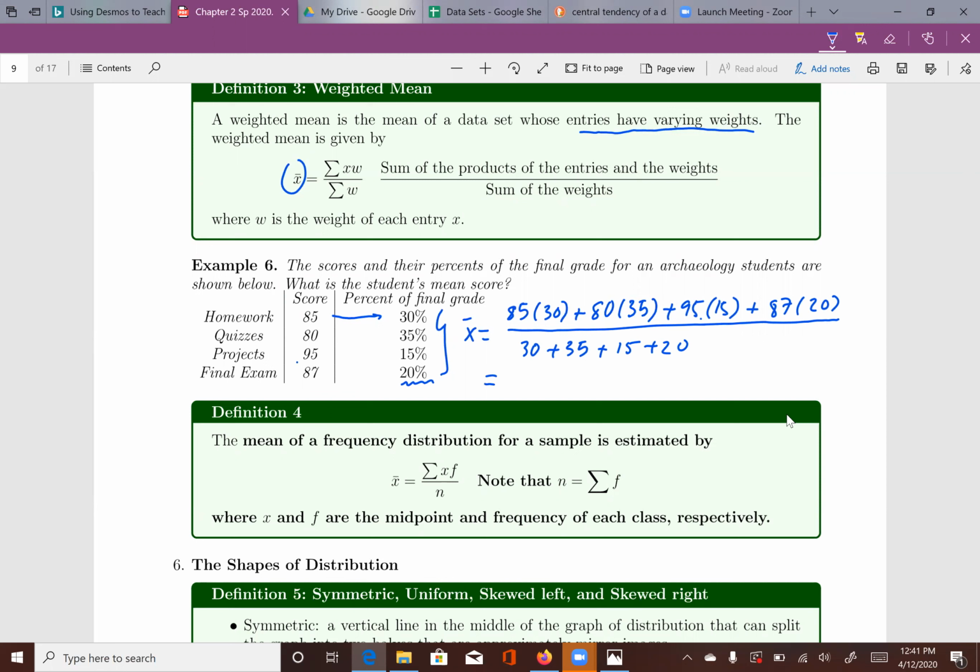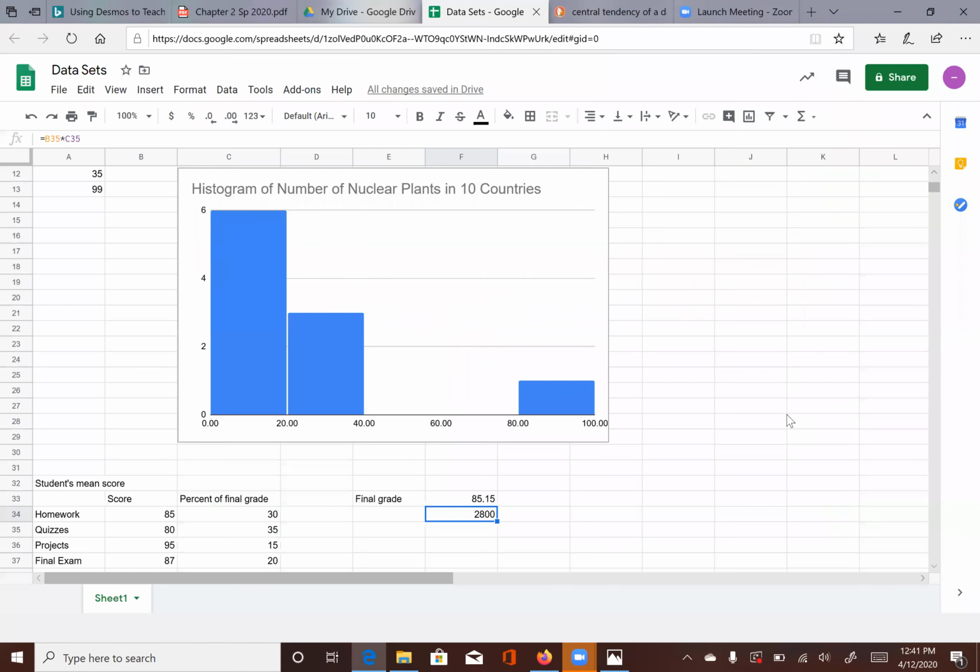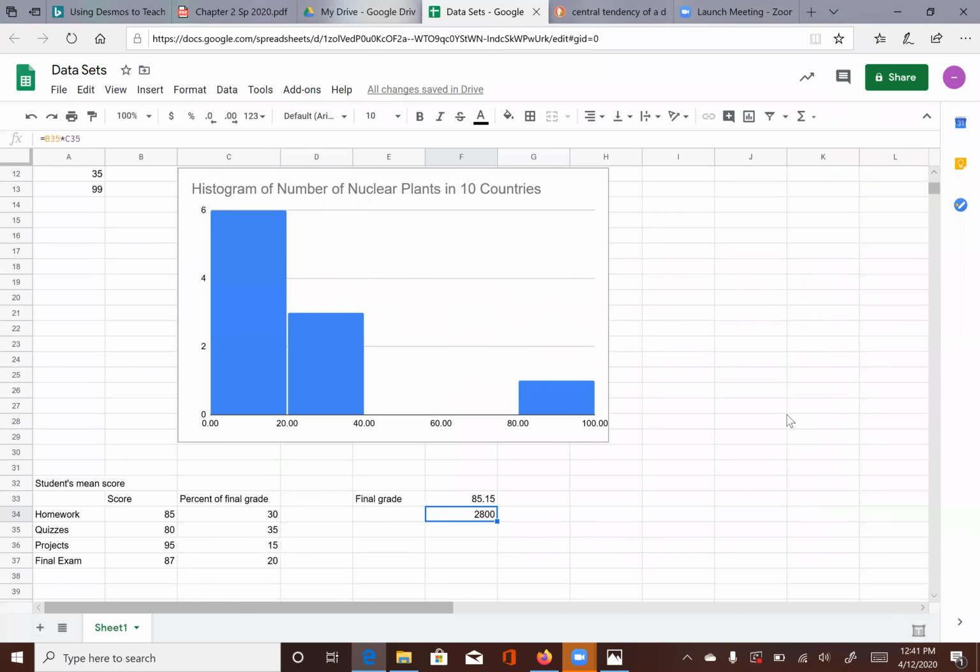And your answer should be, so I calculated this data set using this Google spreadsheet here. Again, you have the assignment score for each assignment and the percentage of the final grade of each assignment. And this is how I calculate the final grade. So the final grade is 85.15.